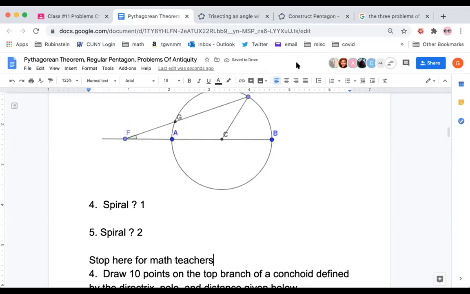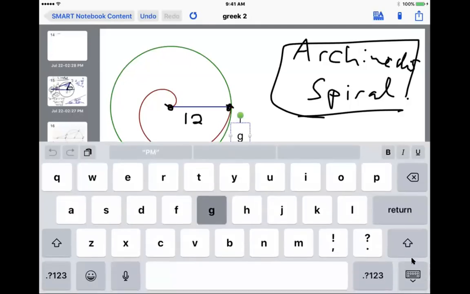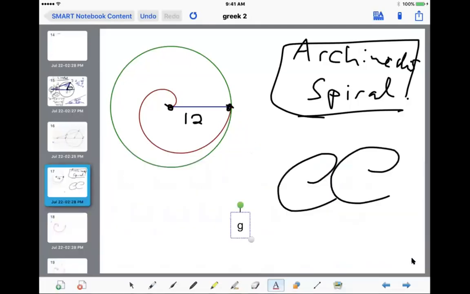So now that you know what the Archimedes spiral is, here is an example of a question I could ask. This will be one of the homework questions that only takes a few seconds.